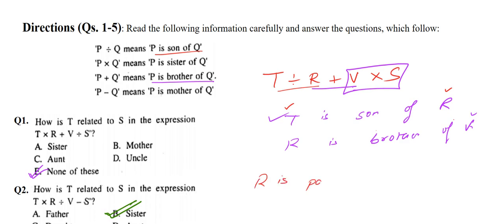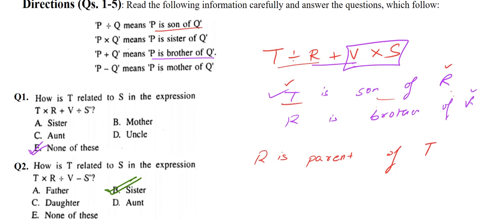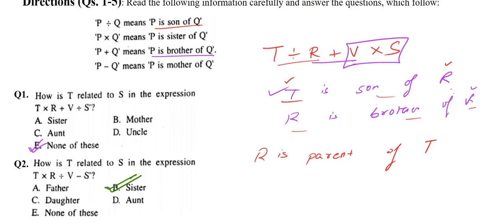R is parent of T, because T is son of R, and R is brother of V. So V is sibling to R, because we don't know the gender of V, so we will say sibling.